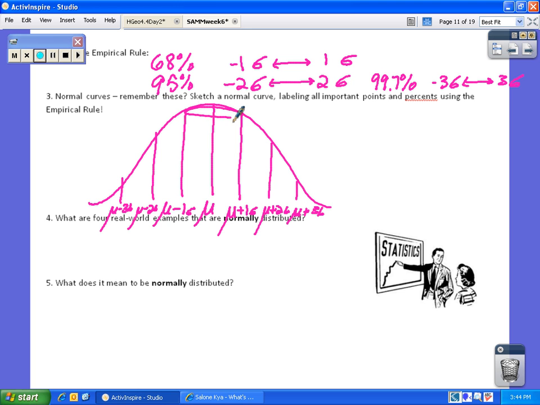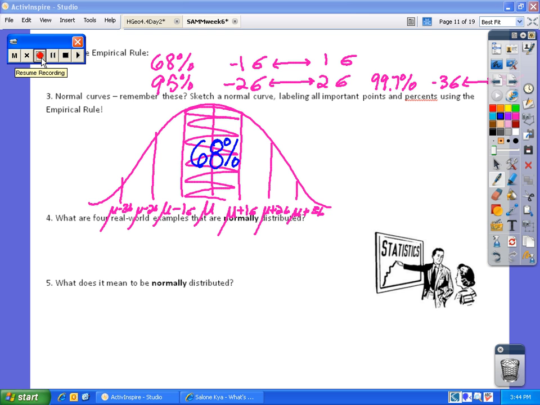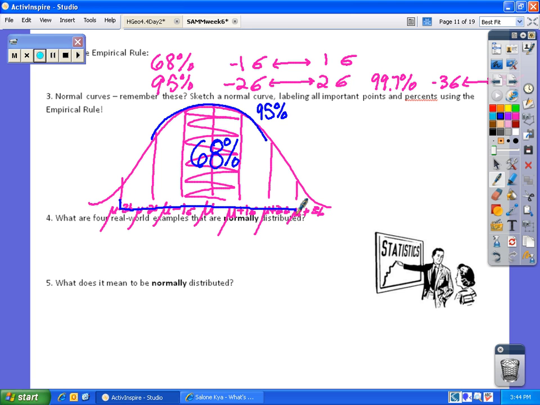This percent would be 68. This percent would be 95. And then this percent between mu minus 3 sigma and mu plus 3 sigma would be 99.7% of the data. Practically all of it.